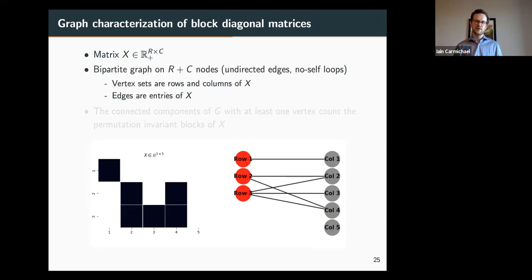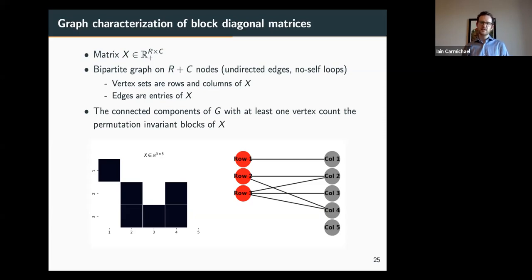Now let's think of a bipartite graph on R plus C nodes, whose one vertex set is the rows, and whose other vertex set is the columns of X. And then the edges of this graph are given by the entries of X. So on the bottom left, there's an example matrix with 3 rows and 5 columns. And on the right, I've shown the corresponding bipartite graph.